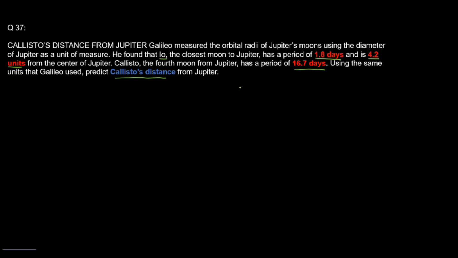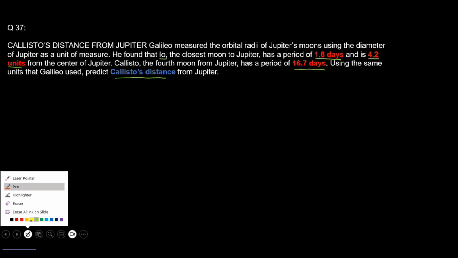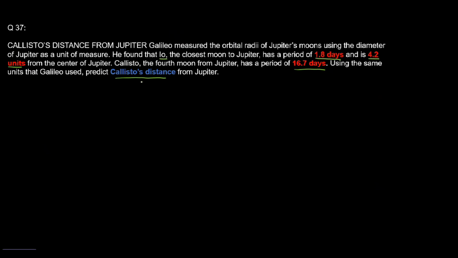So let's write down what the question has given us. Since we have two satellites here, I will consider Callisto to be my satellite A and Io to be my satellite B. You can choose any one of them as A and B. I choose the satellite which has a missing term as A to make my rearrangements easier.